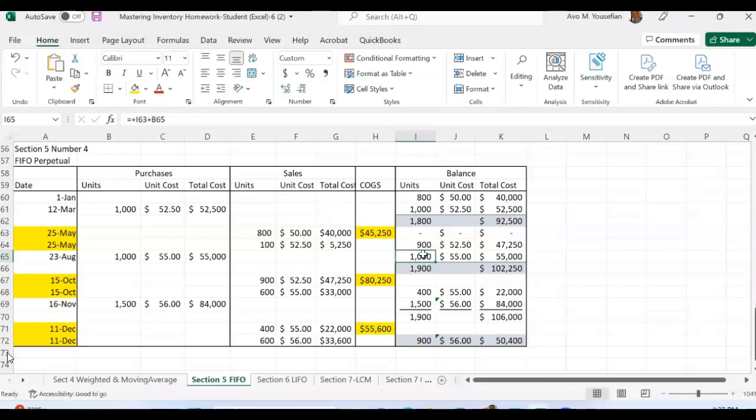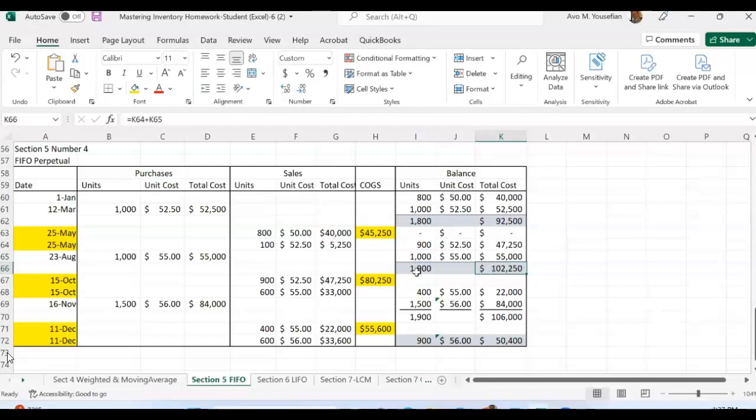So that 1,000 equals that 1,000. Enter. The cost equals that cost. Enter. And the total, technically, we can say equals that number multiplied by that number, enter, 55,000.